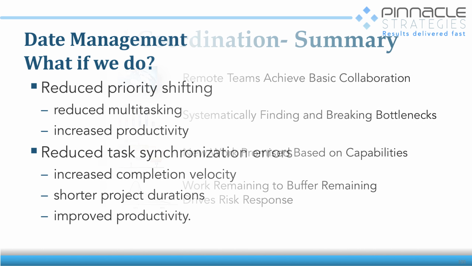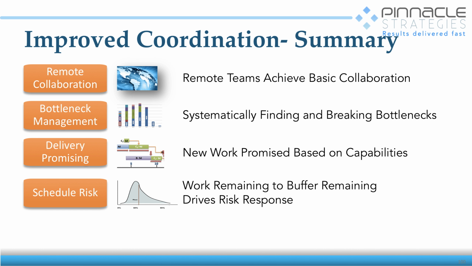So in summary, the improved coordination is remote collaboration. If you have remote teams, it's essentially getting that remote team up and running to your basic collaboration level. Then we start on bottleneck management. All right, this is quantifying the bottleneck, measuring it, figuring out where are we, how much capacity do we have, what's the load, and then once we know that, then we can move into delivery promising based on the capacity constraint.